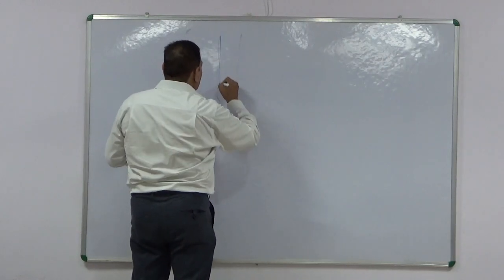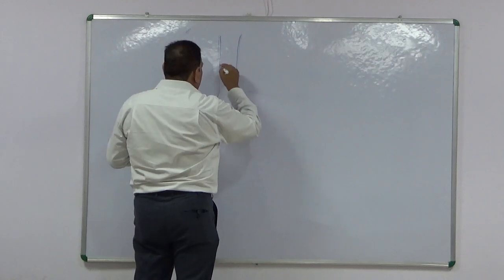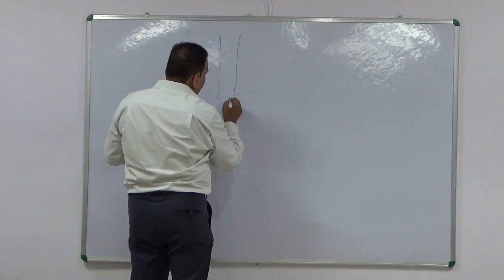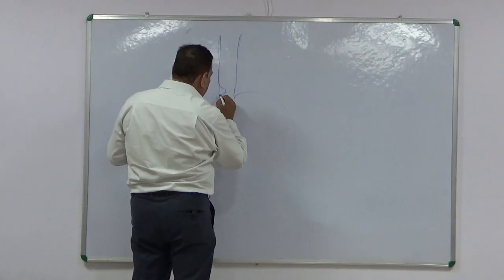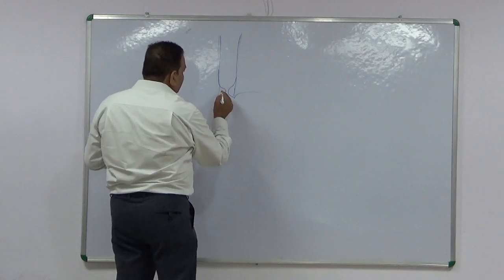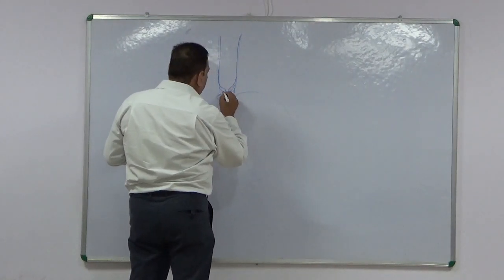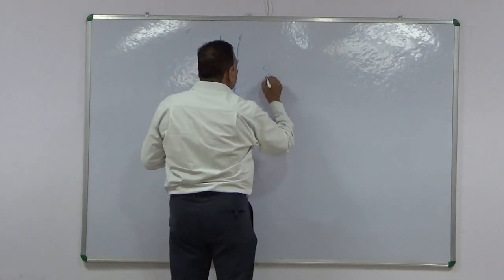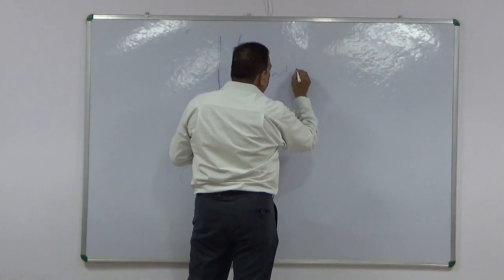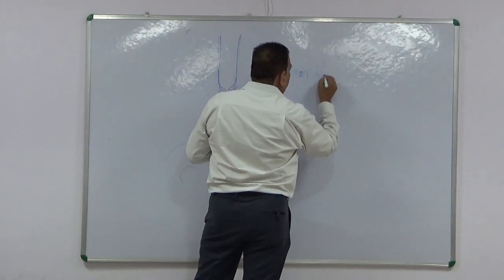There is longitudinal muscle fiber, and at the lower end, at the junction, there is prominence of the circular muscle in the esophagus. This circular muscle fiber creates the internal sphincter, known as the intrinsic sphincter.